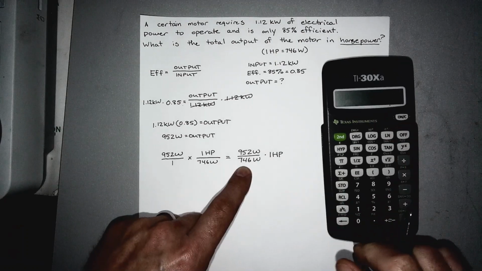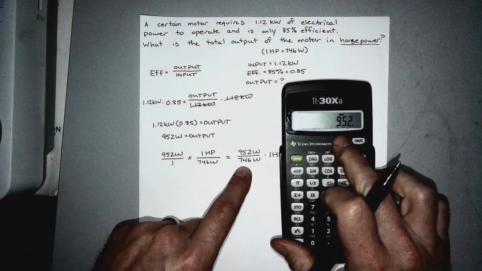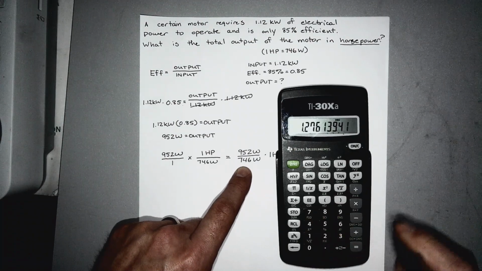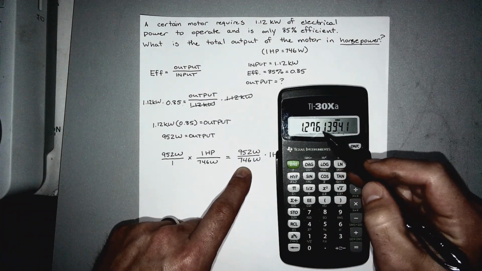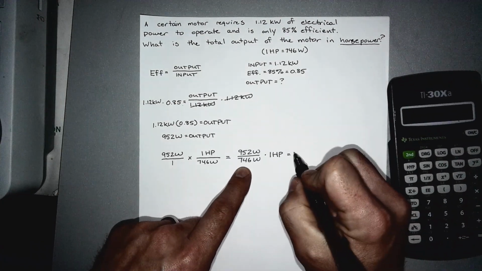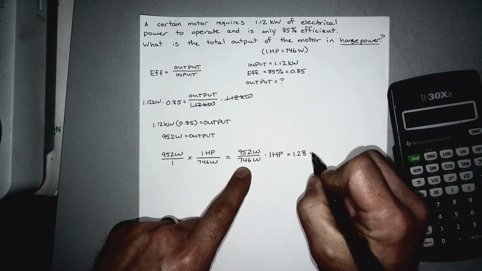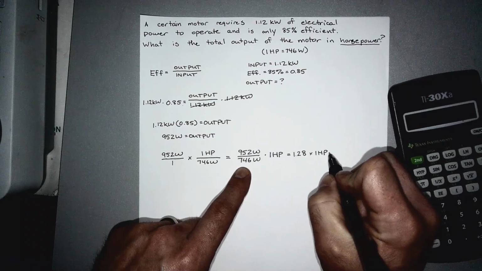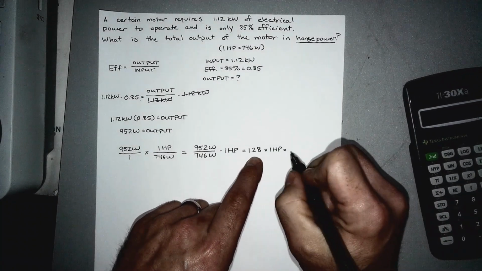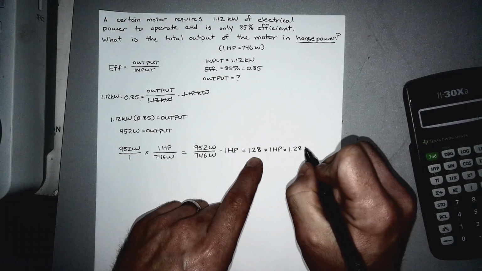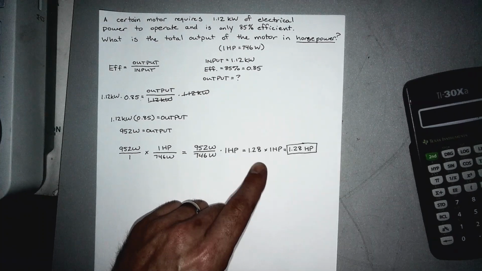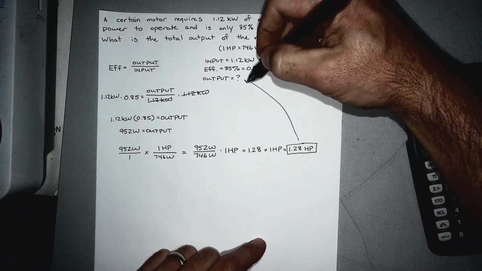And if we do this calculation, 952 divided by 746 equals 1.276, we'll call it 1.28, equals 1.28 times 1 horsepower. And so this is where we get our unit from. And so this just becomes 1.28 horsepower. And this is our answer for output. Okay, and that would just get plugged in right there.